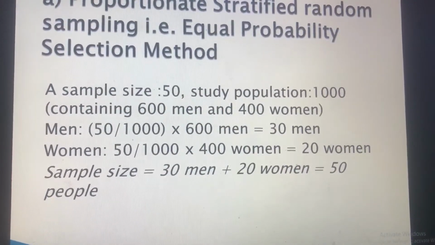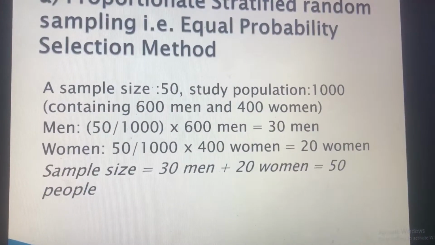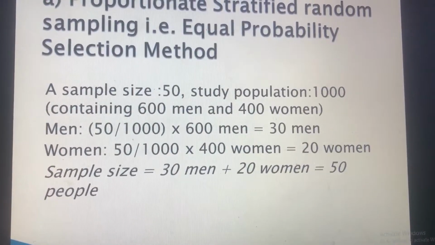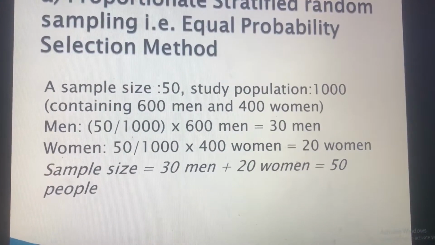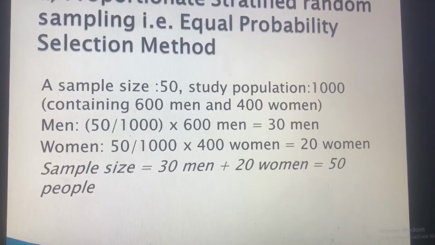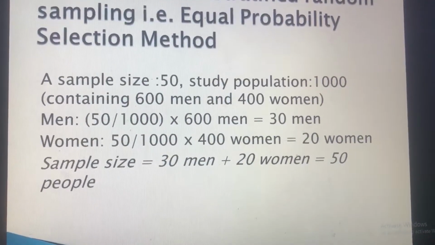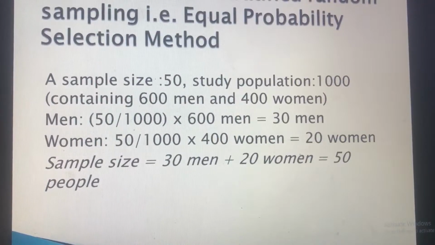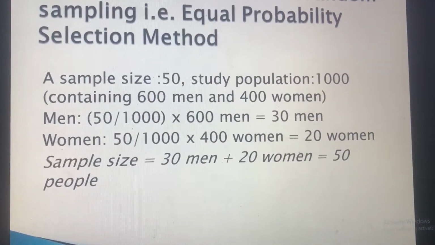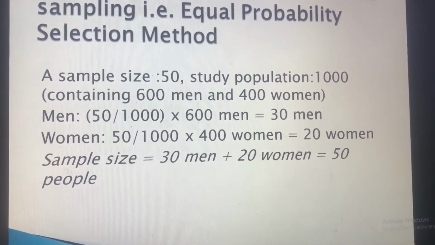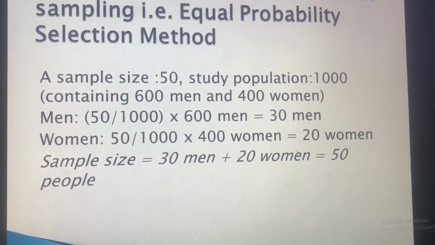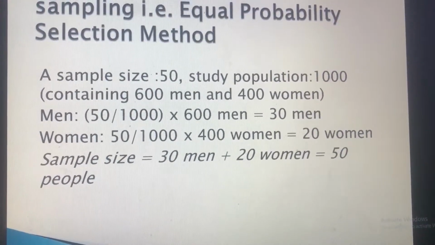How will you do it? The sample from men will be calculated by taking the sample size divided by the whole population times the population of the stratum. Means what? 50 over 1,000 times 600 men. We will have 30 men.